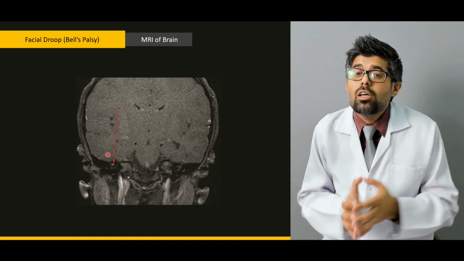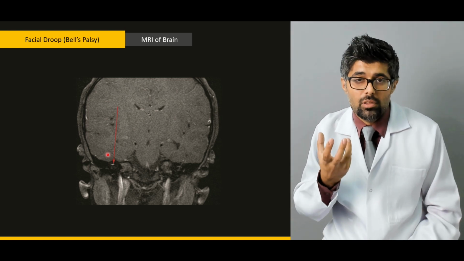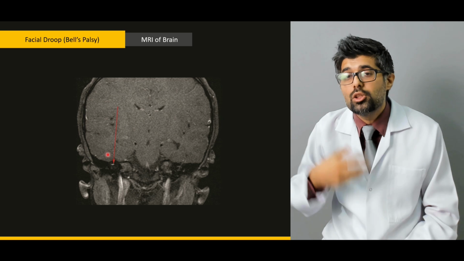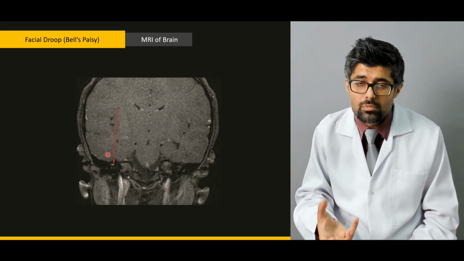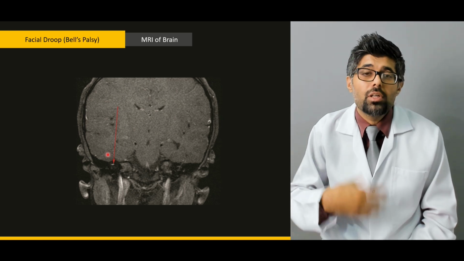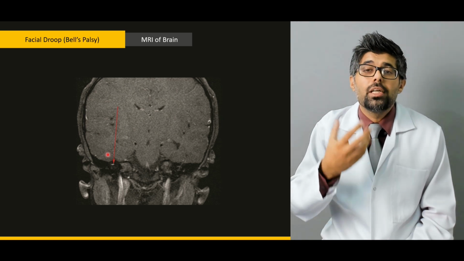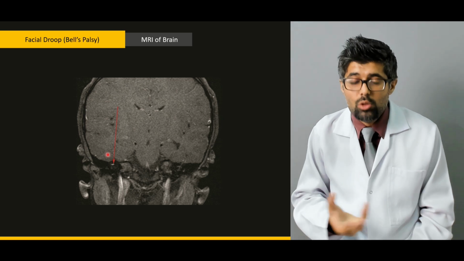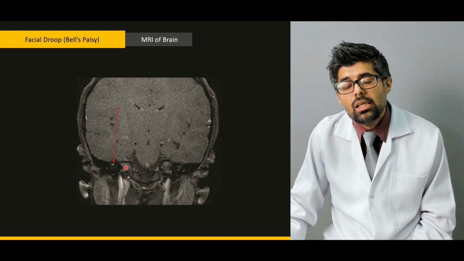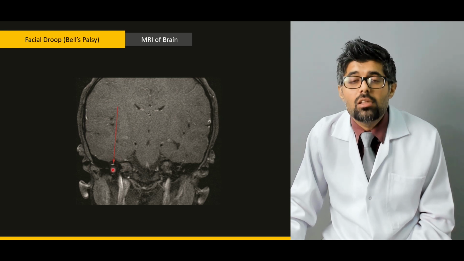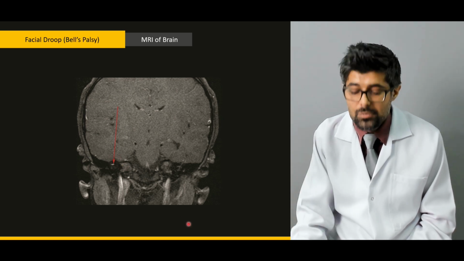Bell's palsy causes the facial muscles to droop because they are innervated by the facial nerve, along with other signs. Some sensorineural loss is also there. But what we find on imaging is that the facial nerve is inflamed.